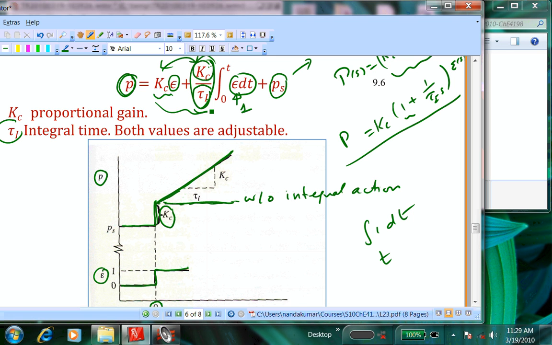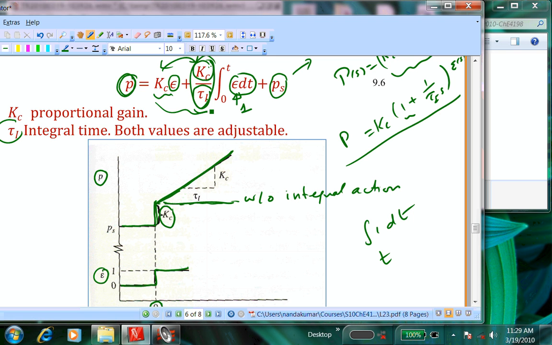So you would tune Kc, the proportional controller, to adjust the time response, and then adjust the integral constant to adjust the offset. So you want to bring the offset to 0. Any integral action, however small, will get the offset to 0, but it may take a long time. So if you make tau I larger, then it will bring the offset to 0 quicker.